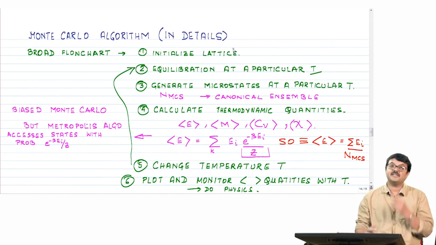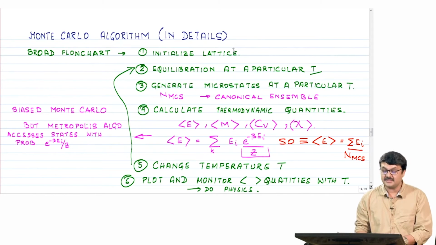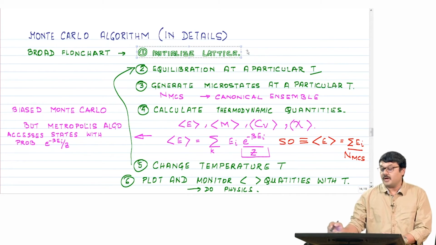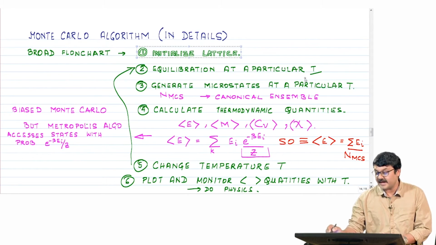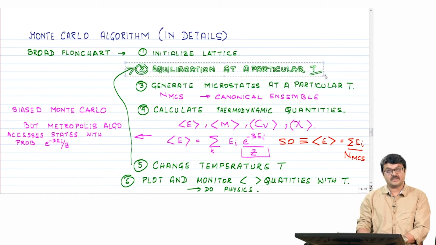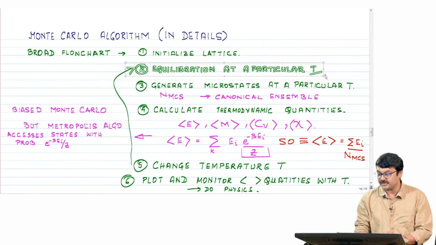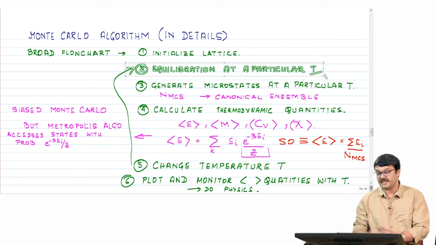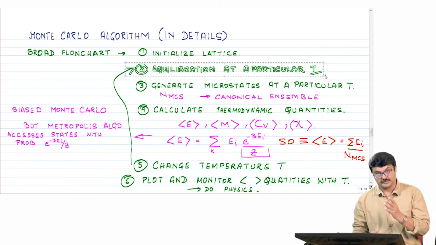Of course, your final thermodynamic state does not depend upon your initial state. So, after initializing the lattice, you have to equilibrate your system, which you model on the computer, for a particular temperature. So, you have to reach the equilibration state. Basically you have to do a few Monte Carlo steps of your system.